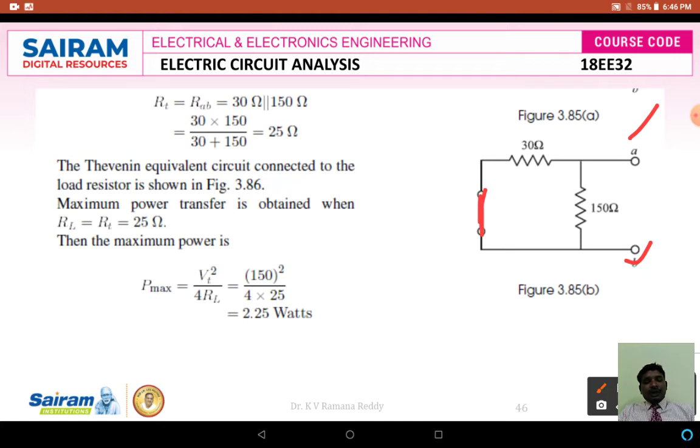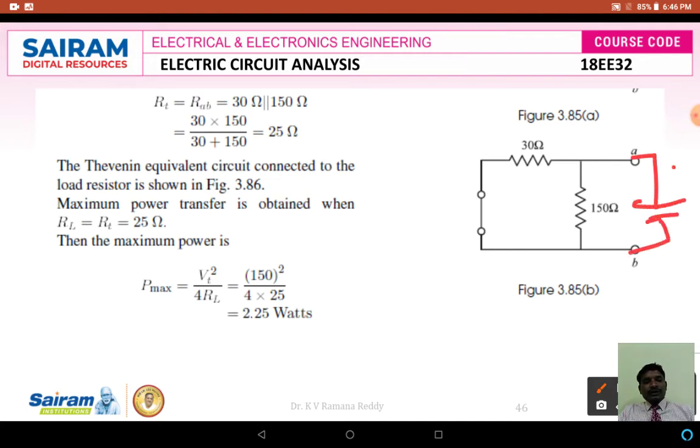If I want to calculate the resistance across the terminals AB, or Thevenin's resistance called RTH or RAB, what is the relation between 30 ohms and 150 ohms? The relation between 30 ohms and 150 ohms here is parallel. How can we say that it is parallel? Let us imagine there is a voltage source across the terminals AB.